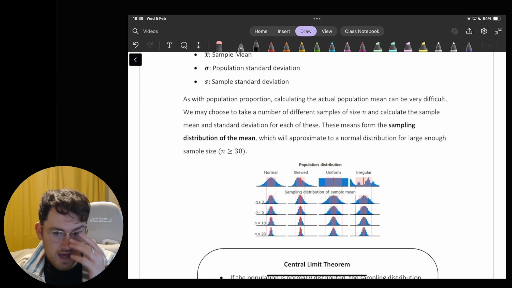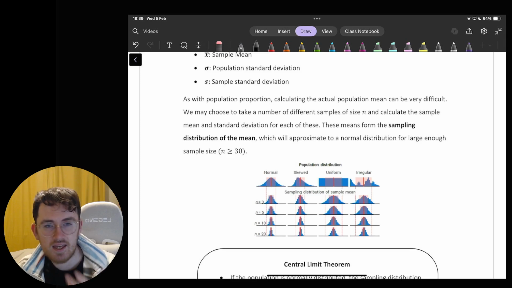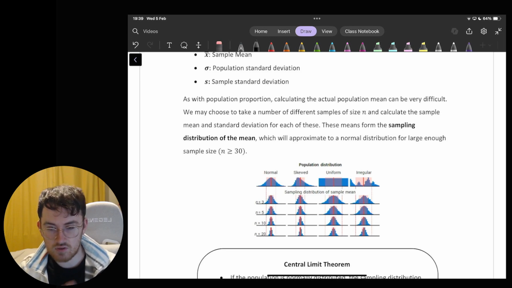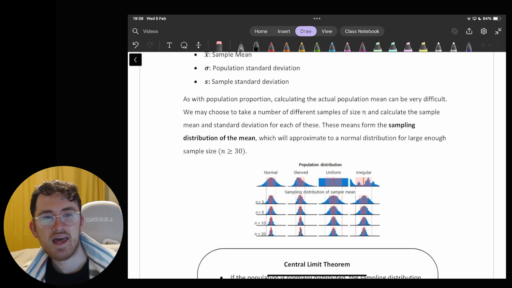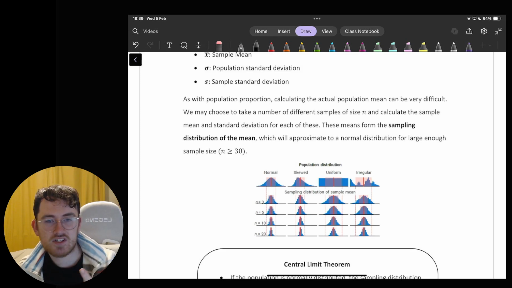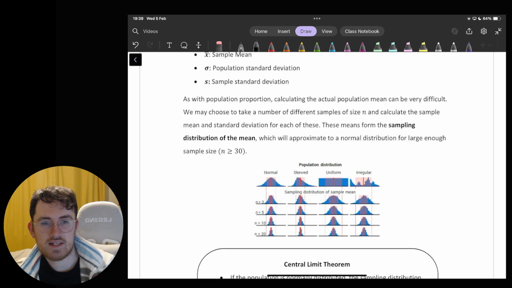So I might take 30 people from loads of different schools, keeping the sample size the same, but taking the samples from different places or different groups within places, and I might get the sample mean and the standard deviation for each of these samples.